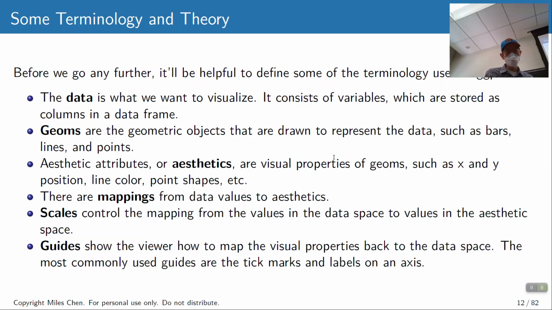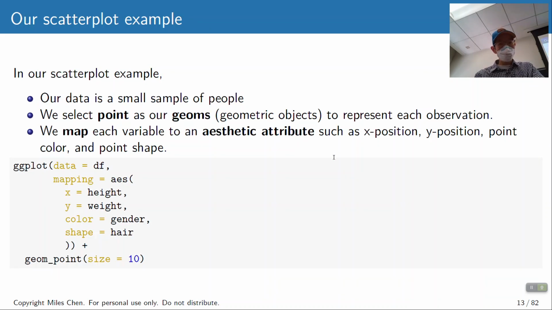Scales control how we map from the data space to the aesthetic space. So that controls how we do that mapping, and then the guides are there again to allow the viewer, once we've created the graphic, the goal is to allow the viewer to recreate the data in their mind, okay, or on paper if they need to, but that's what we need.